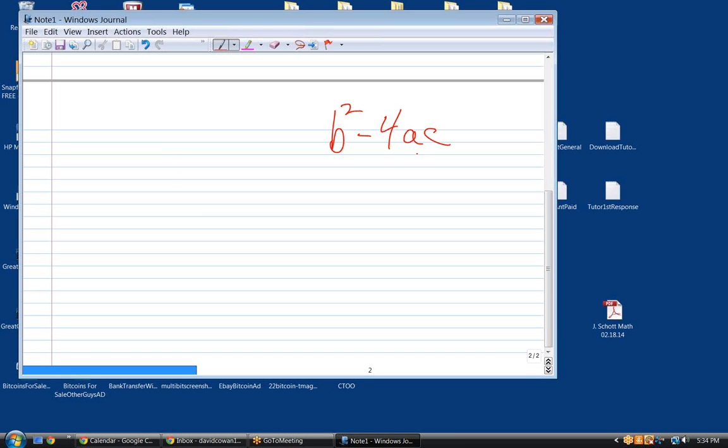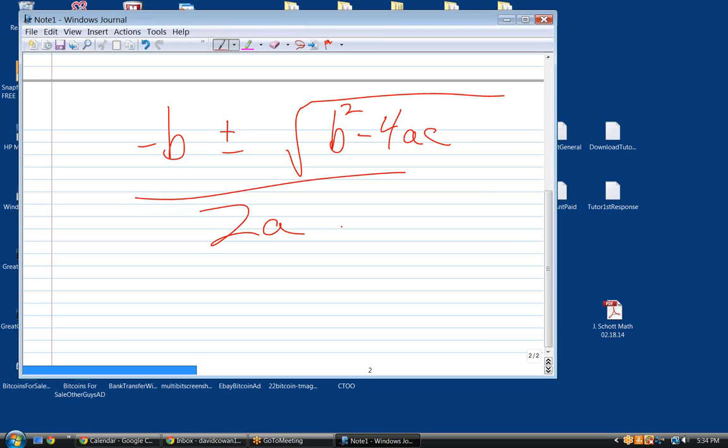That's the discriminant. The part that is under the radical sign in the quadratic formula is the discriminant. Why does it have its own name? Because if you take a quadratic and you analyze this as the first step, you can tell a lot about your solutions, whether they're going to be real or imaginary.